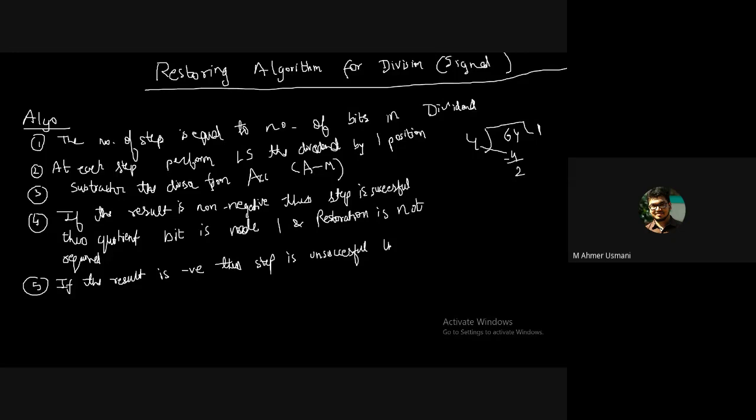Thus, for example, I'll just take an example. We'll divide 64 by 8. Instead of subtracting 4 from 6, we will subtract 8 from 6. What will we get, negative or positive? Minus.